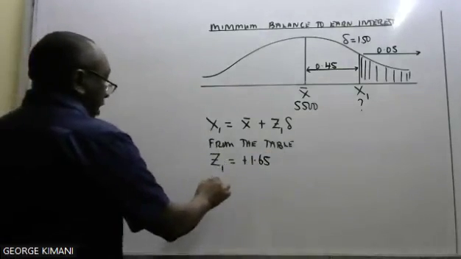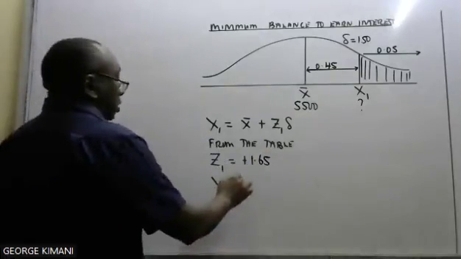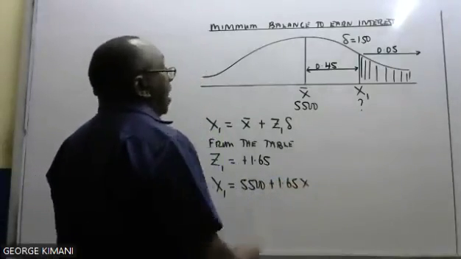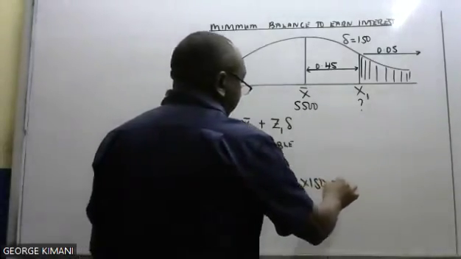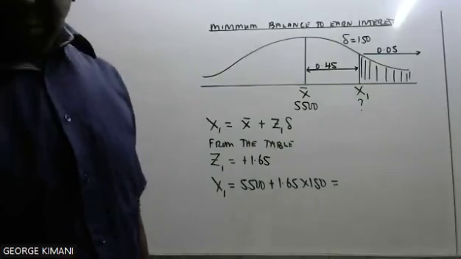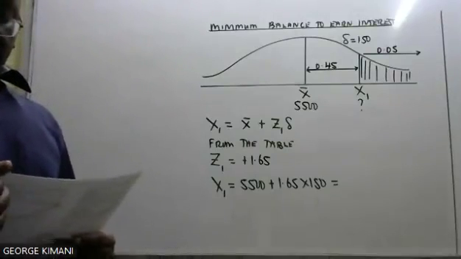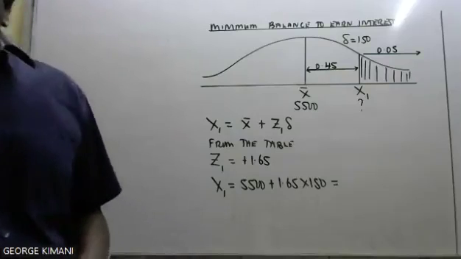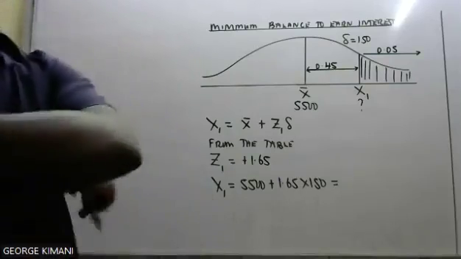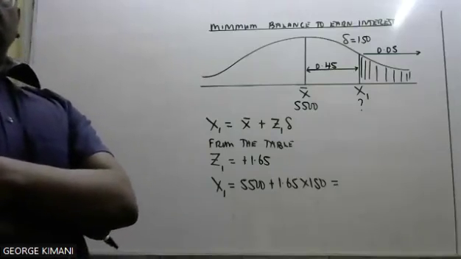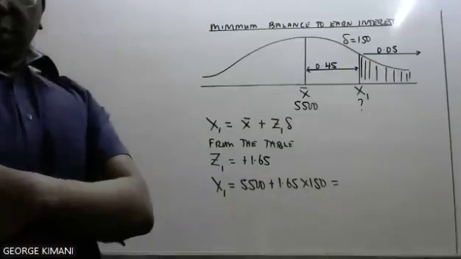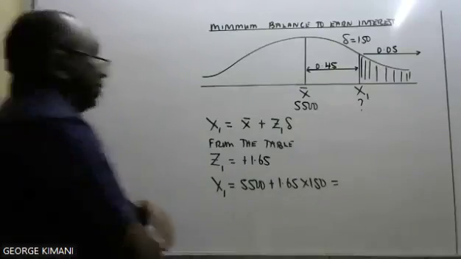So if that be the case, then X1, the minimum balance, should be 5,500 plus 1.65 multiplied by 150. Yeah, I can see 5,747.5.